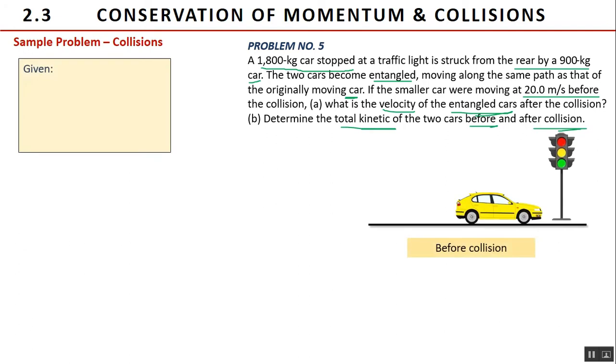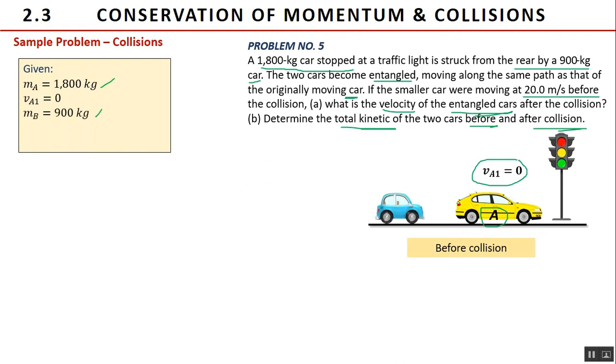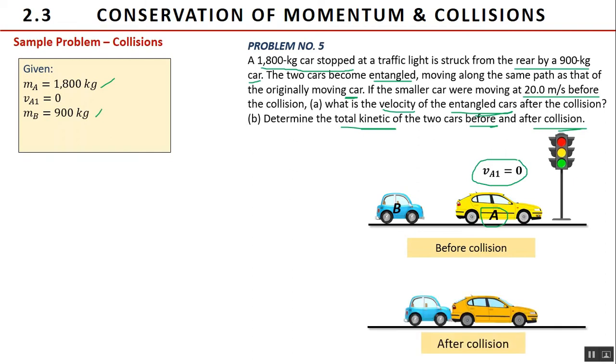Now let us try to analyze the problem. Imagine this is the 1,800 kg car, and we assign this as car A. This car is stopped at a traffic light, so its initial velocity, v sub a1, is 0. From its rear, there is another car of 900 kilograms, and this is car B. After car B hits car A from rear, they become entangled, so the type of collision is perfect inelastic collision.